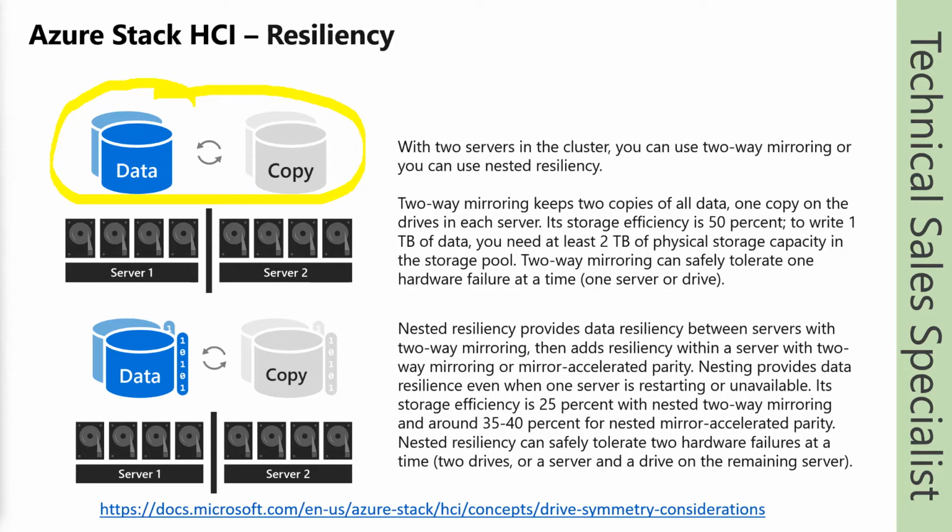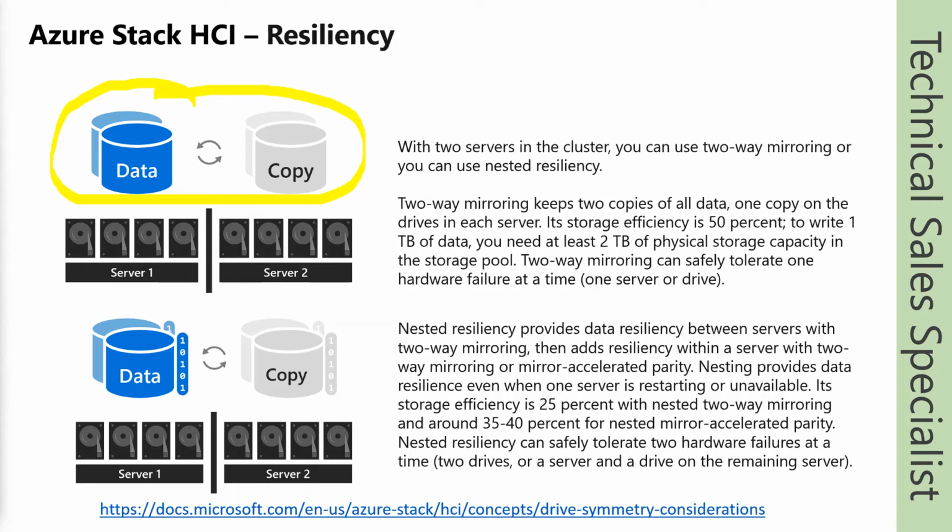The disadvantage of a two-way mirror is that if we have lost one server, we cannot have any additional failure in the remaining server. This means if you shut down one server for maintenance, you will not survive any additional drive failures in the remaining server.